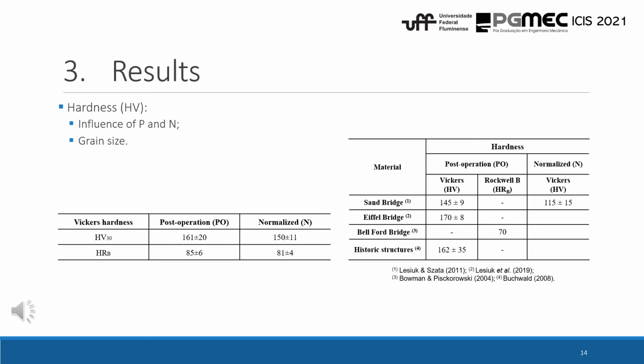When we analyze other structures made with the butyl iron in literature, we can see that all of them also have high values of hardness. The standard deviation is also high, and this is probably due to the heterogeneous distribution of inclusions inside the sample.